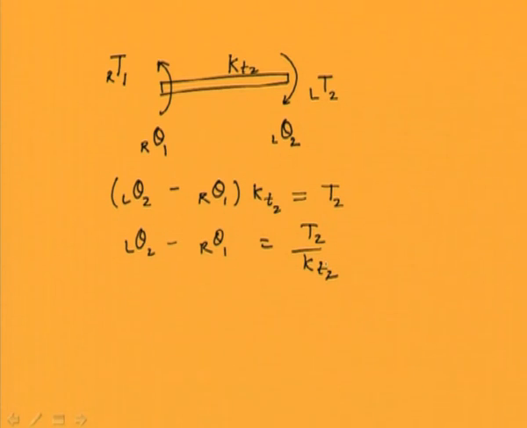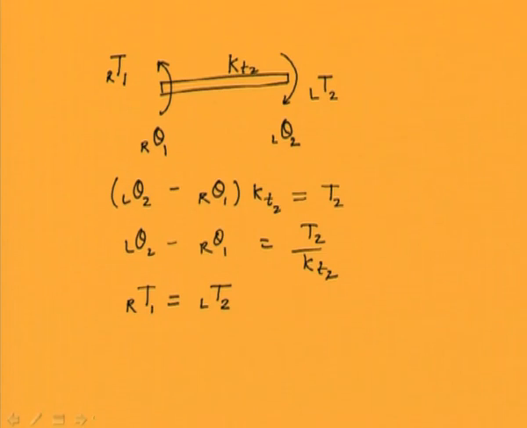Now we can see that because there is no disk on the shaft in between, we will have the torque in the right of 1 equal to the torque in the left of 2. Okay. Now this particular equation can be combined. How can we combine it?